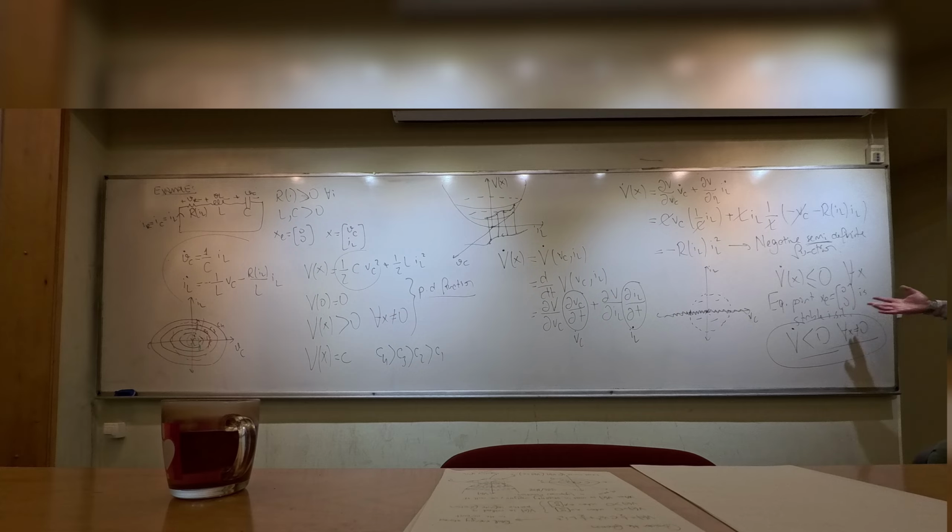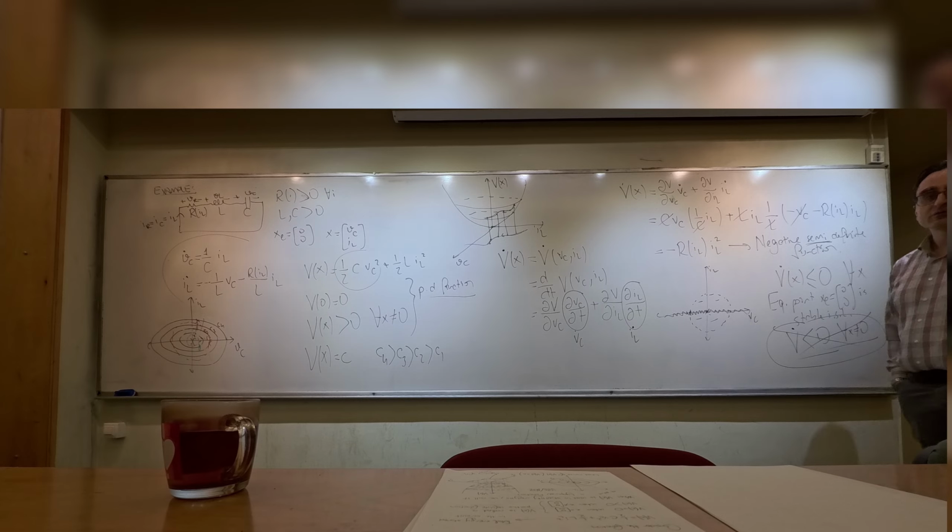But currently I really cannot say that, because V dot is negative semi-definite here only. So we won't be able to say anything about the asymptotic stability based on this analysis.